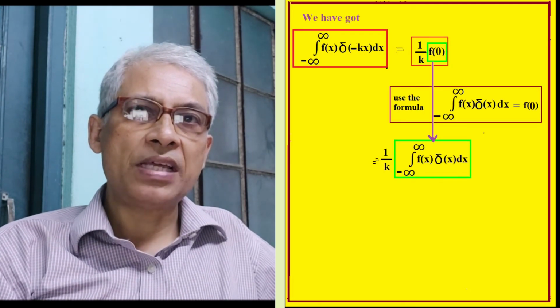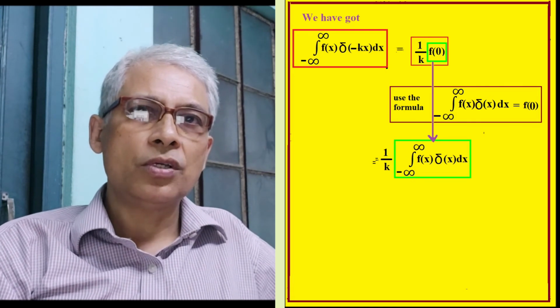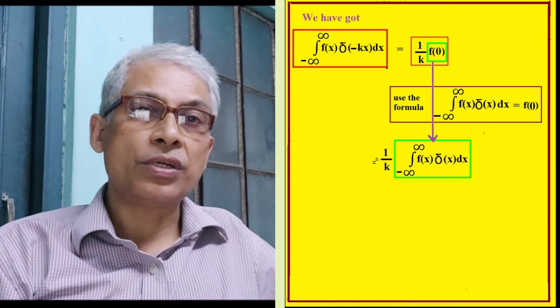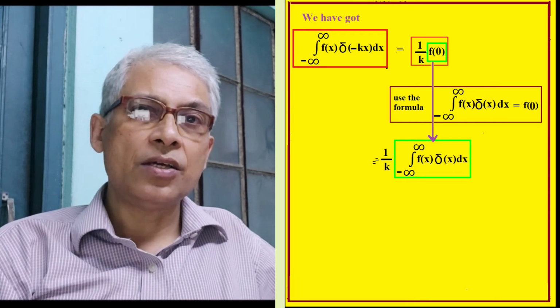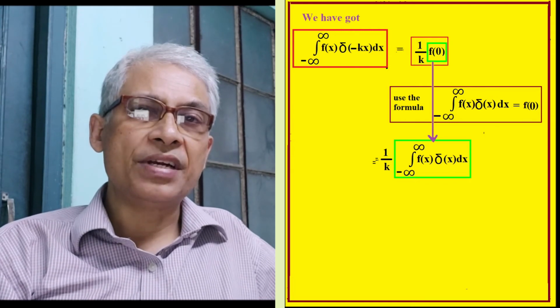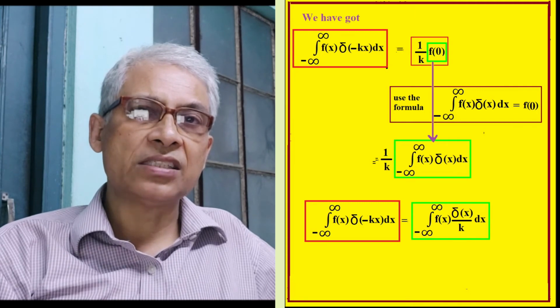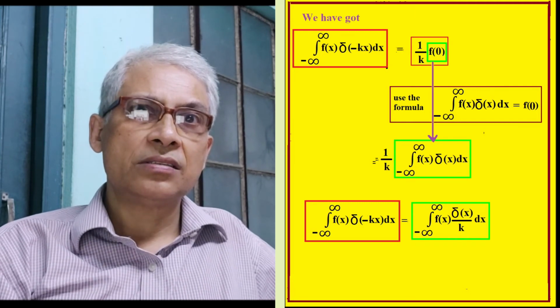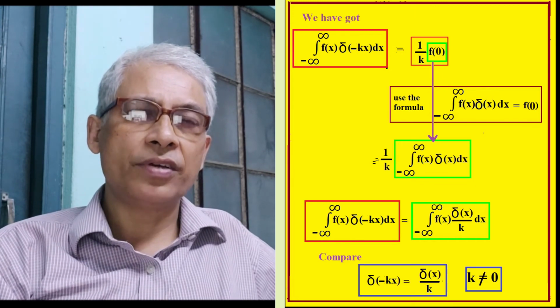And now let us make use of the same formula to substitute f of 0 by the integral shown in the green box. Taking the k within the integral, we rewrite the two integrals, having derived the latter from the former, they being equal. Comparison gives the following.